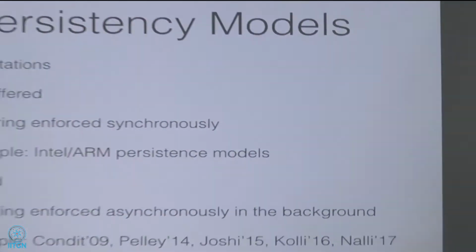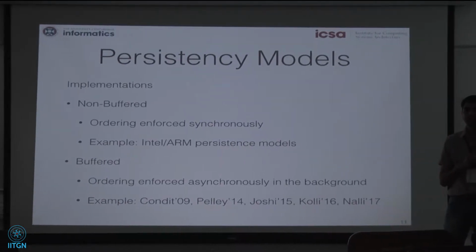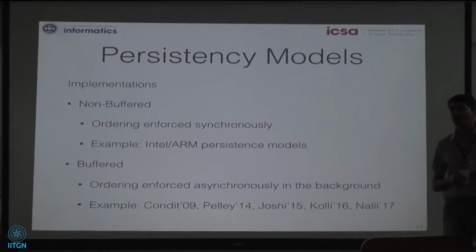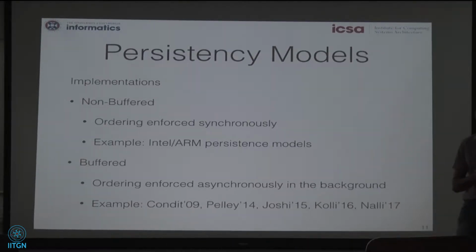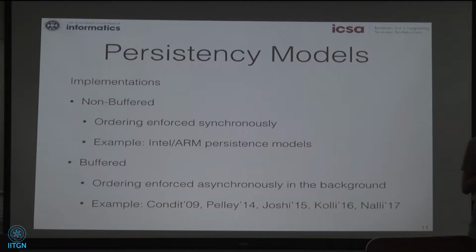So let's say if I want to guarantee epoch persistency, after I complete executing an epoch, I will first flush all the data that has been modified in that epoch to non-volatile memory and then proceed executing the subsequent epoch. These models can be implemented using instructions provided by various architectures like Intel and ARM. But the problem is that they enforce these ordering constraints sequentially, which degrades program execution. And we'll look at that with an example later on.